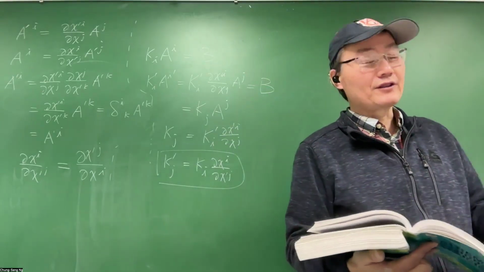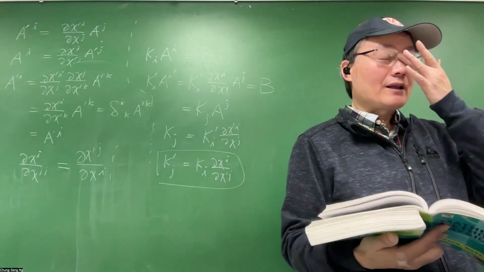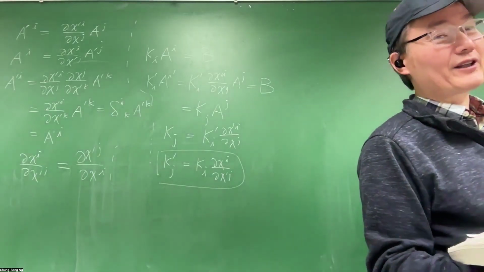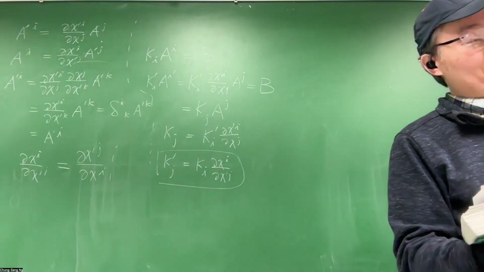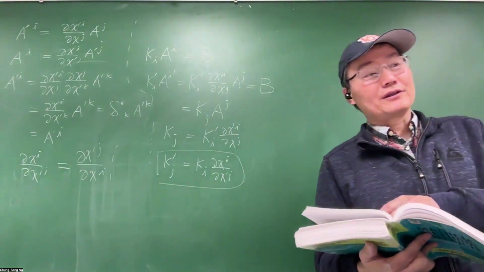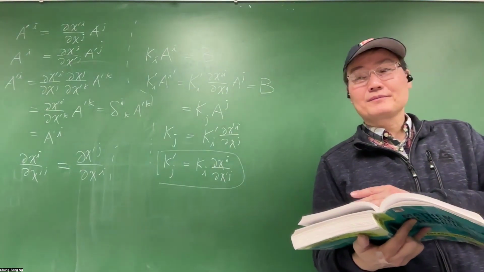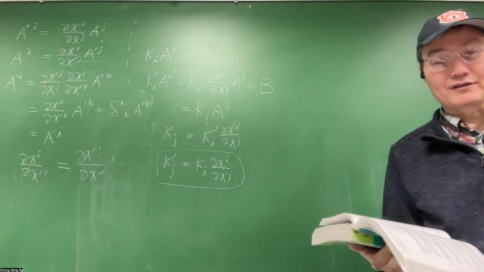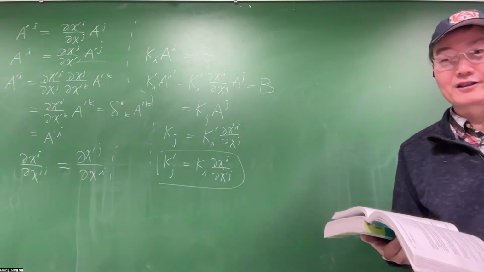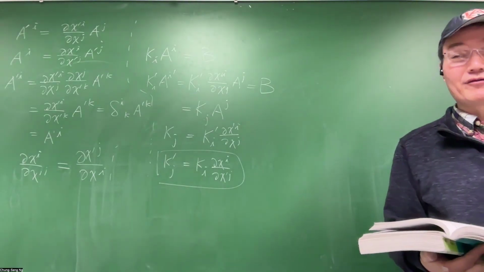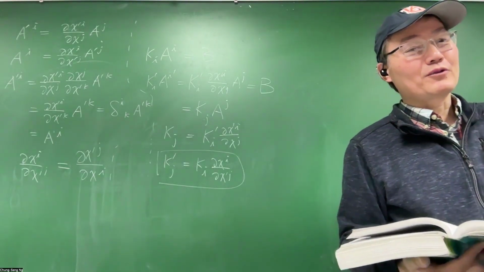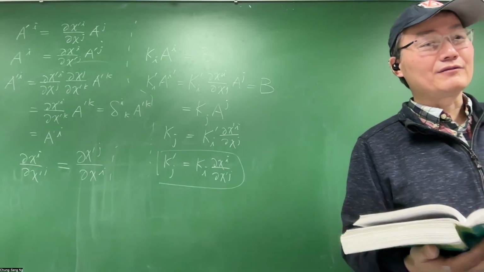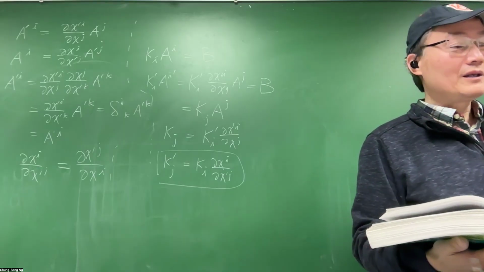If you want to write the physical law in covariant form, in classical physics you are probably not paying too much attention to that, but it is very important in relativity. You want to write equations in relativity, either special relativity or general relativity, in covariant form, so that you don't need to worry that this quantity will not be valid after you do a transformation.